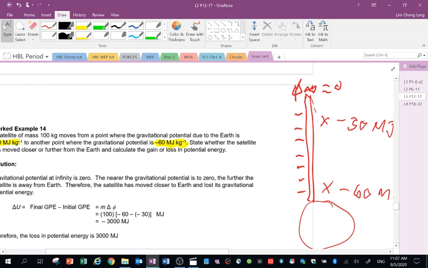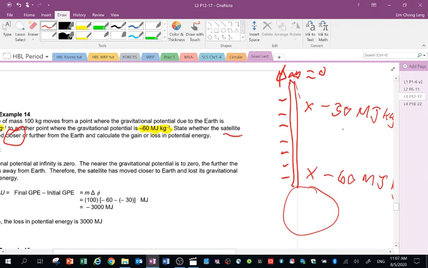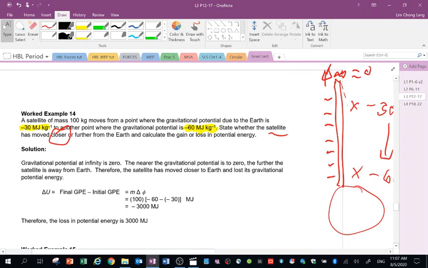So obviously, moving from a potential of minus 30 to minus 60, the satellite is moving closer to the Earth and not further away. So the question says, calculate the gain or loss. So it's a loss.